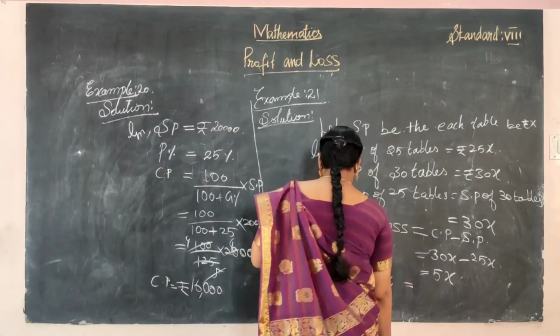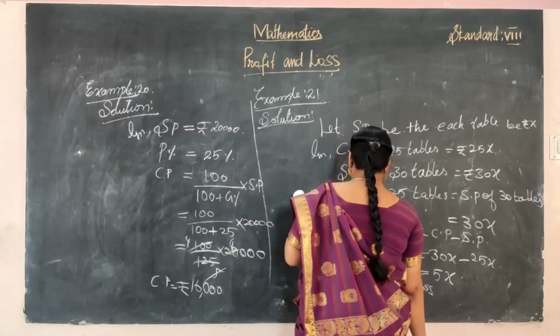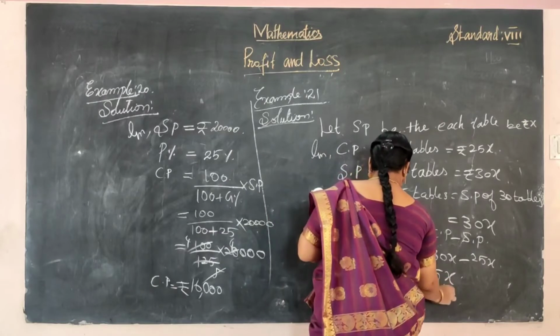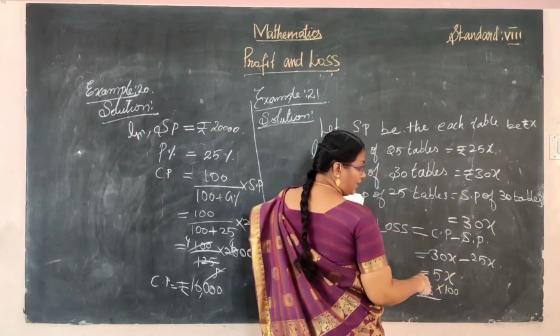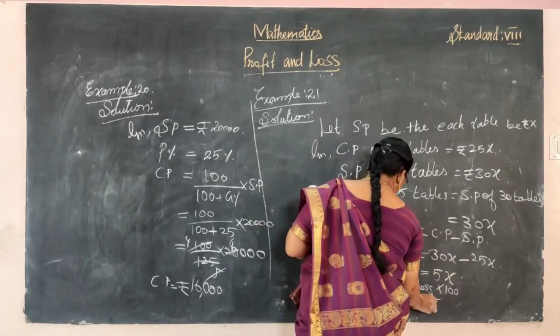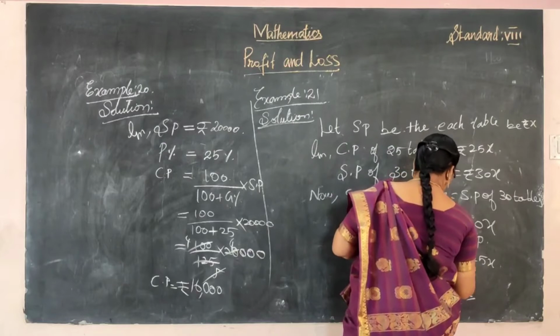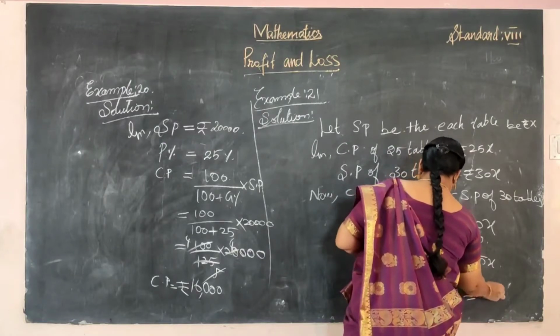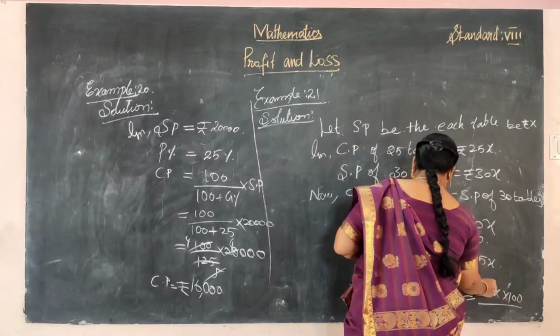And then loss percentage. What is the formula for the loss percentage? Loss into 100 by CP, because loss percentage is always calculated on the cost price. So loss percentage is 5x into 100 by CP.